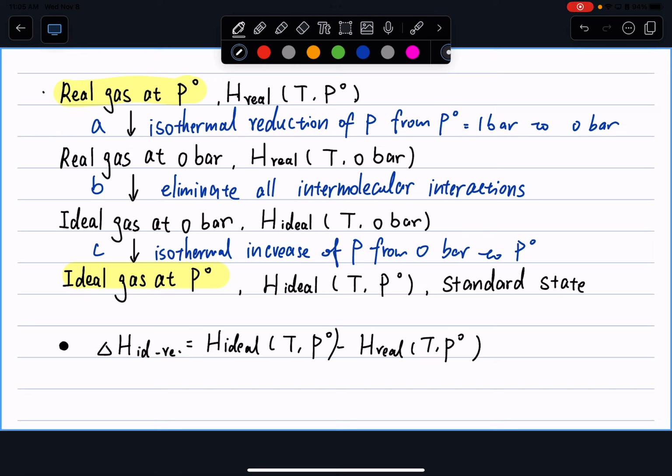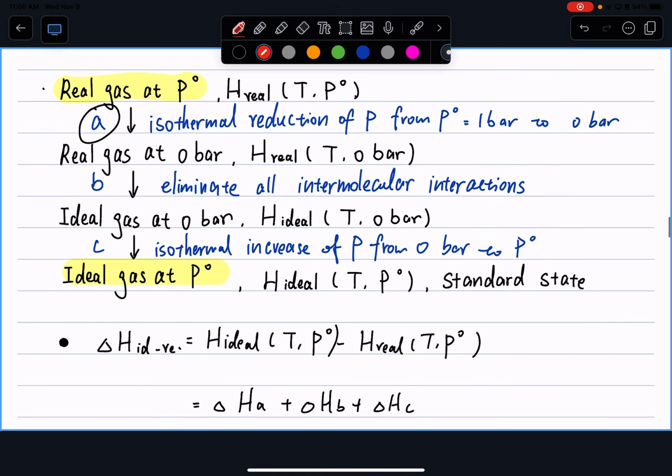So in this case, we have 3 different steps. Effectively, what we're looking for is delta HA, which is this isothermal reduction of P, plus delta HB, plus delta HC. And we'll go through it one by one. So first things first, that's the isothermal reduction of pressure from P naught to 0 bar for a real gas.